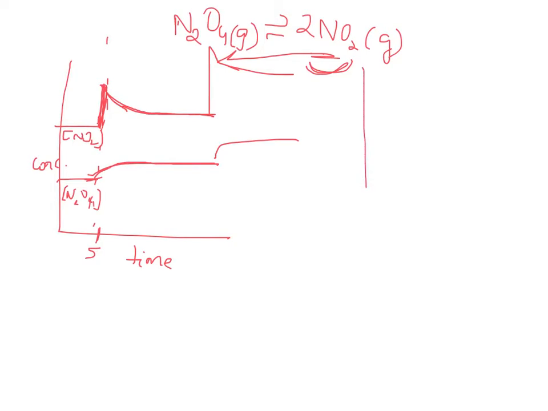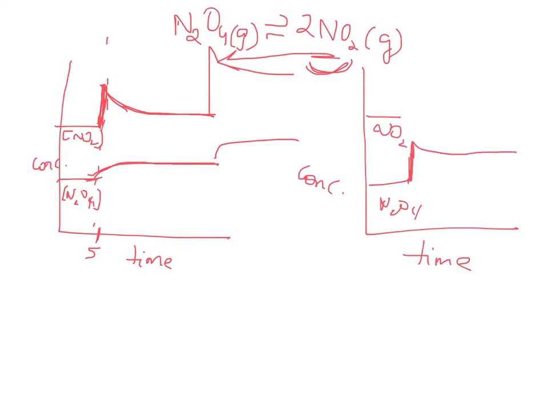If on the other hand you would have varied, let's say, N2O4, so here was N2O4 and here was NO2, and you increased this, what that means is that it's going to decrease and then become a constant, and NO2 is going to increase and then become a constant.